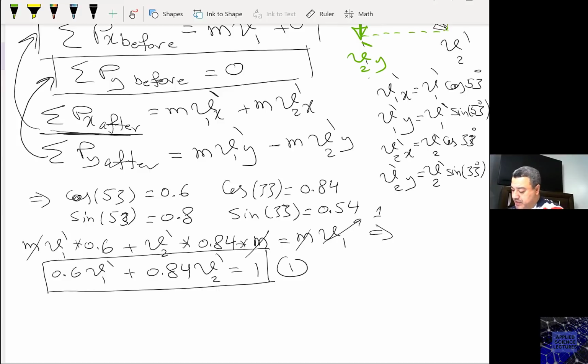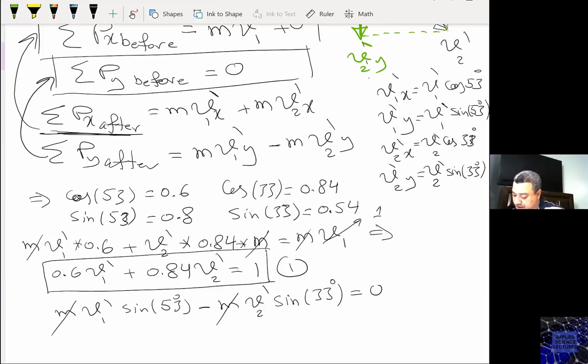Then I have here m v1 prime y. v1 prime y is v1 prime sine 53, minus m v2 prime y. v2 prime y is v2 prime sine 33 equals 0.